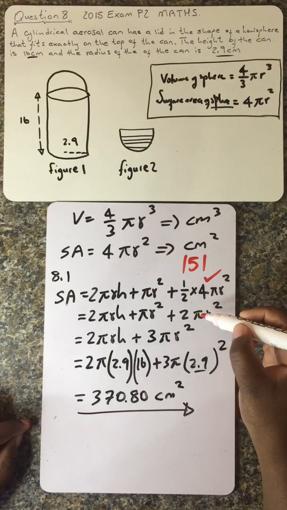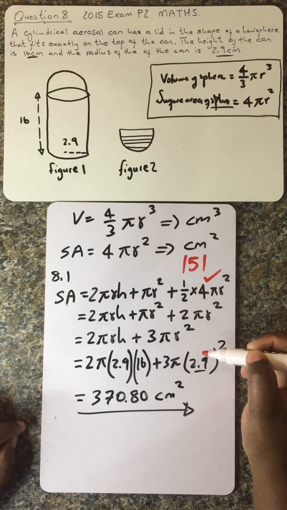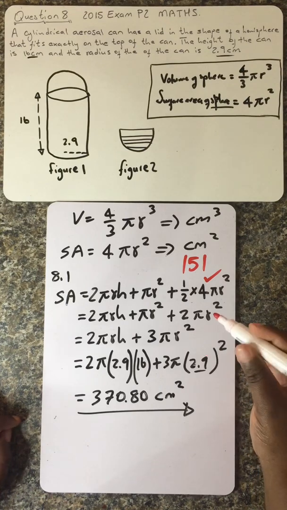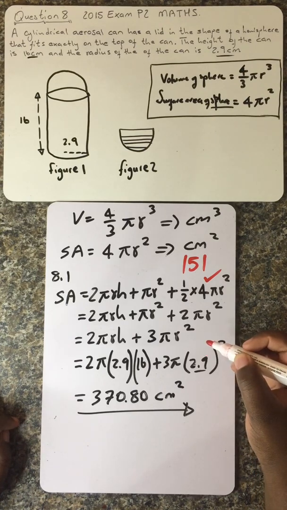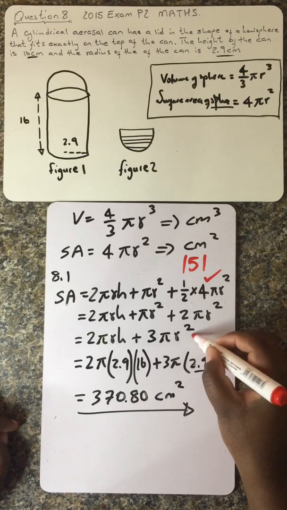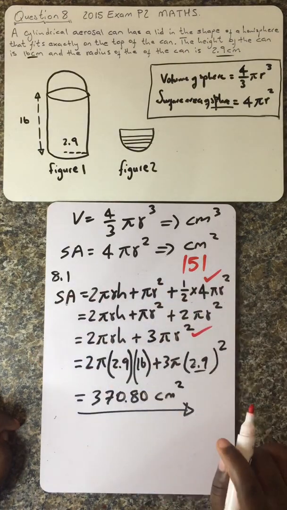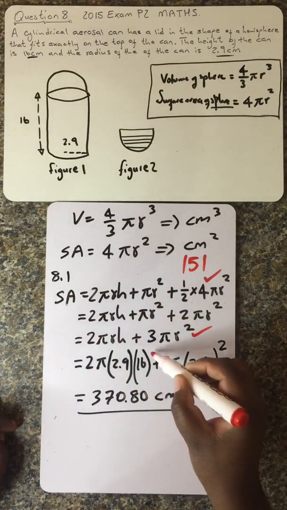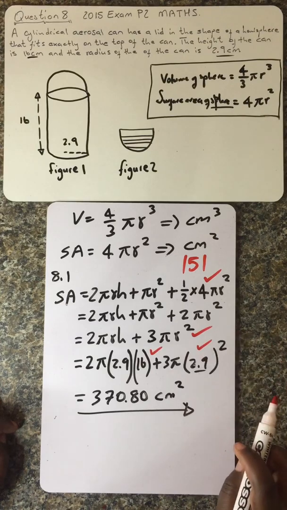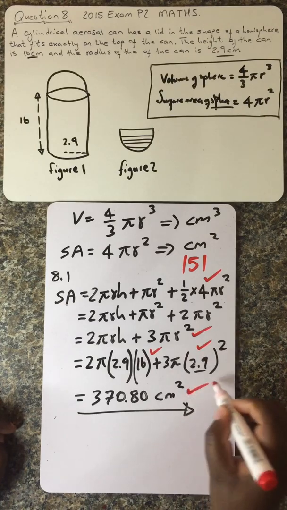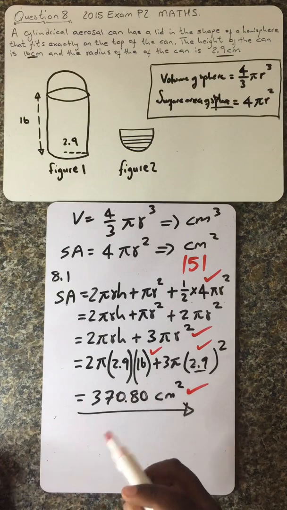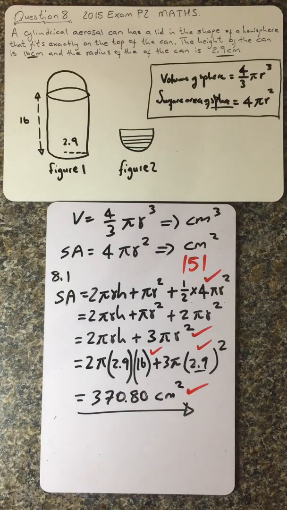They can give you a mark for writing the correct formula, a mark for the simplification, a mark for correct substitution, and a mark for your final answer.